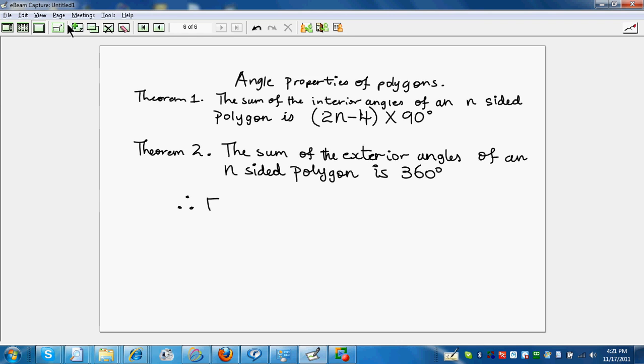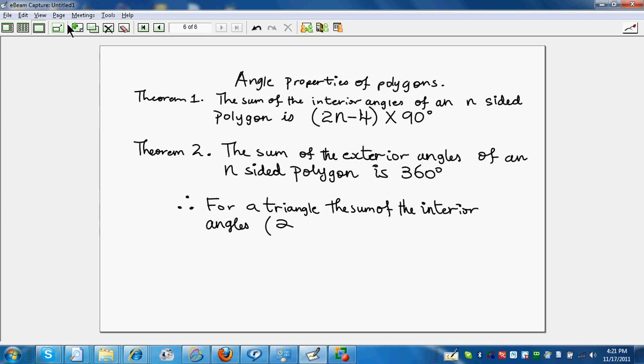If you're looking at a triangle, the sum of the interior angles would be given by 2n minus 4, multiplied by 90 degrees. n in this case would be 3, because a triangle has 3 sides.